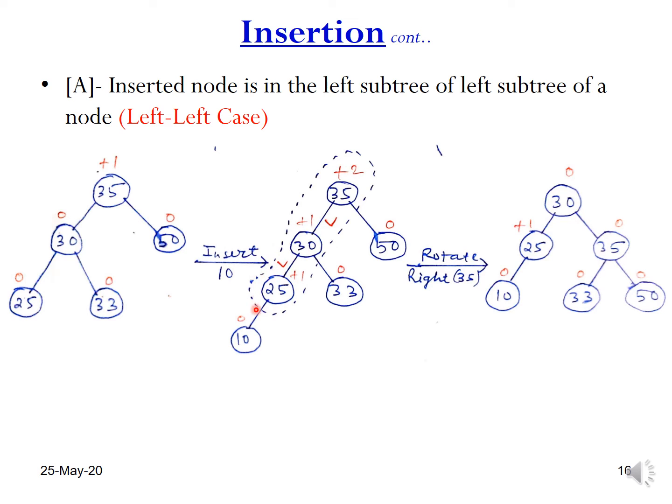This is left, left, since we are inserting 10 here, but we consider only these three nodes. That's why we have shown the rest by dotted lines. Because this is the left case, we will perform a right rotation about this 35.